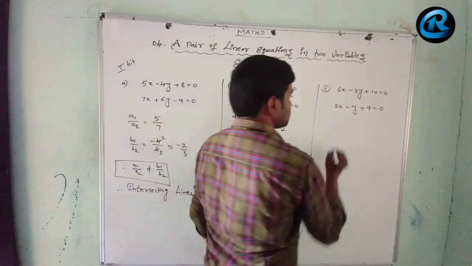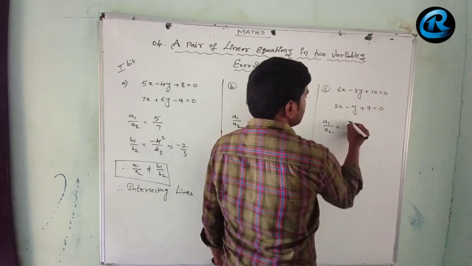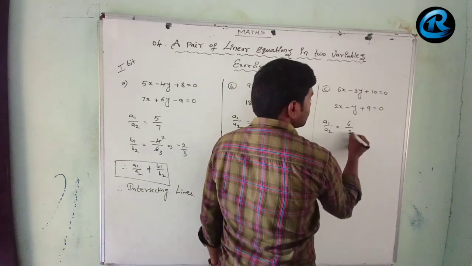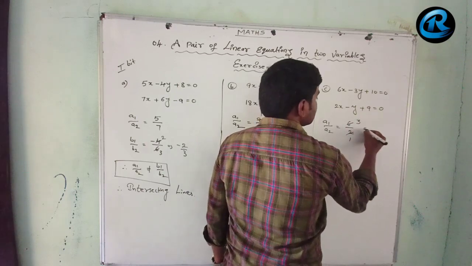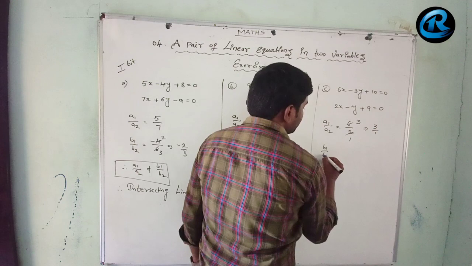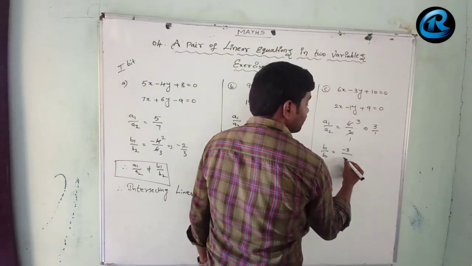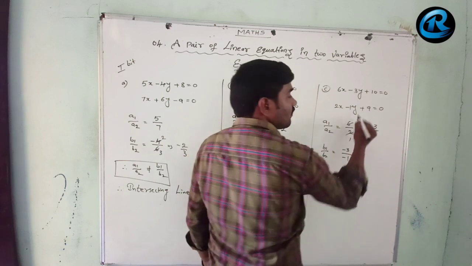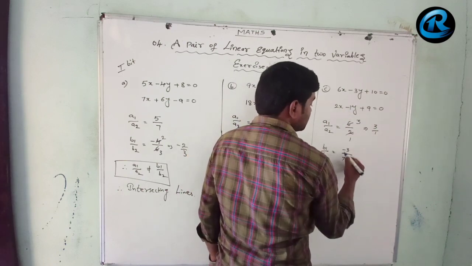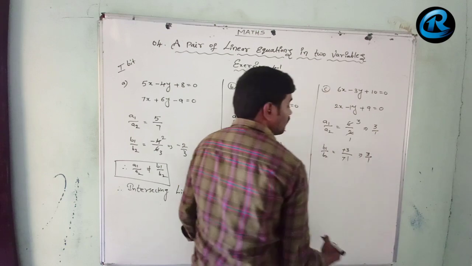And here is the sixth question. Let us go for that. a1 by a2 is equal to 6 by 2, which is 3 by 1. Here b1 by b2 we get minus 3 by minus 1, and the minus signs get cancelled, so 3 by 1.